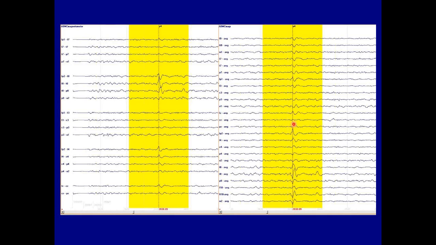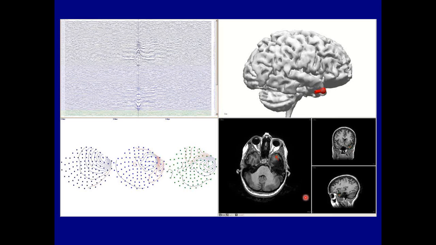We have a tangential field that can be seen here, but MEG doesn't care about the tangential field. It says we have a source here in the remaining temporal tip cortex following this more posterior or mid-temporal resection.